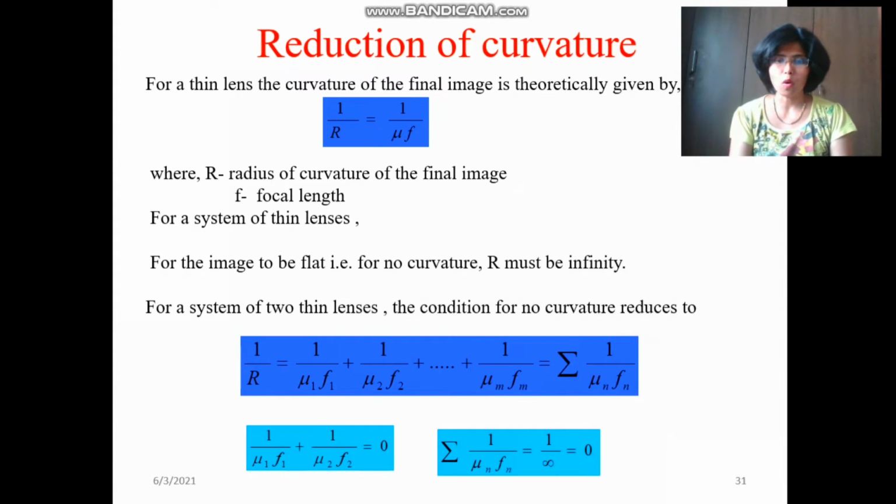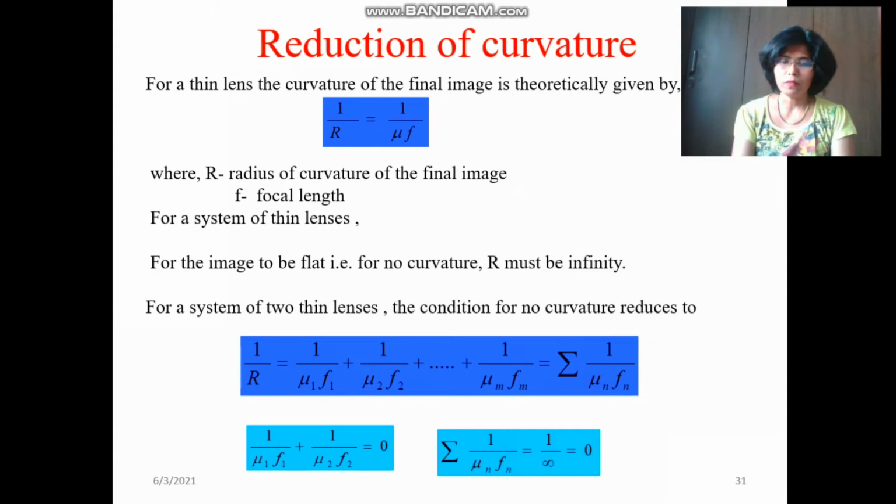For a thin lens, the curvature of the final image is theoretically given by 1 upon r is equal to 1 upon mu f, where r is the radius of curvature, f is the focal length and mu is the refractive index of the material of the lens.